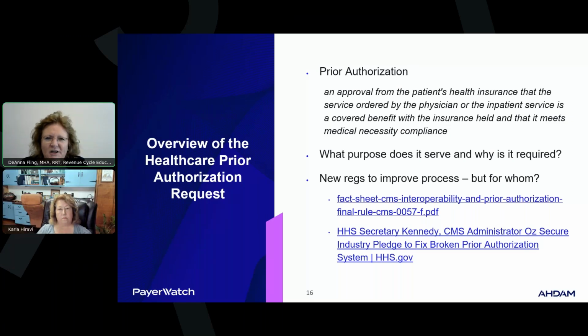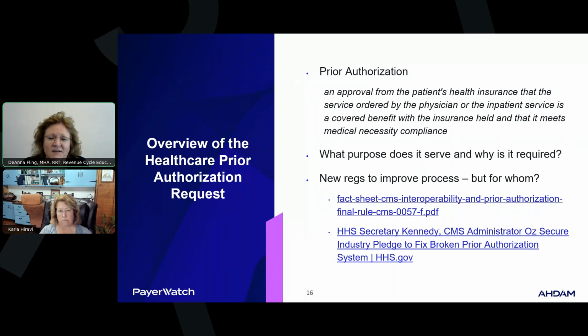Before we can get started, let's understand what a prior authorization is and why it is used in healthcare. We're all familiar with what a prior authorization is, but for our own benefit today, I believe this is a very good definition of what a prior auth is.